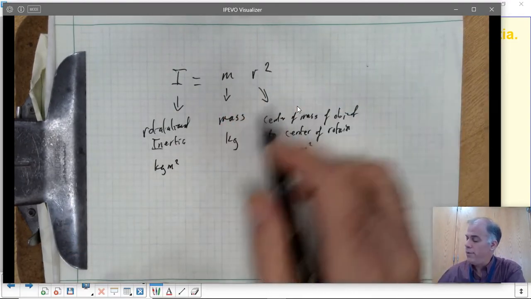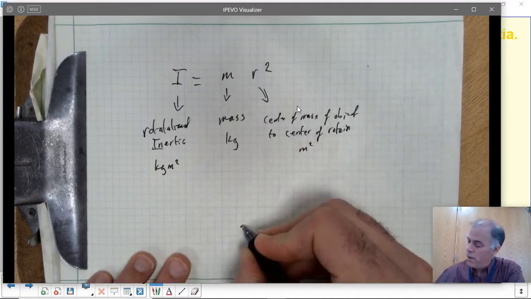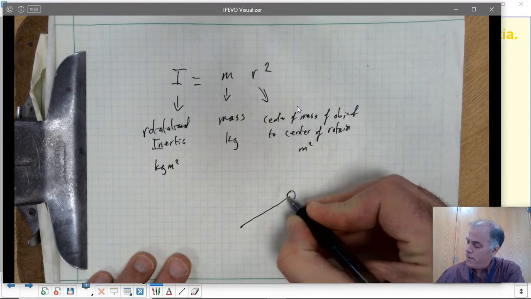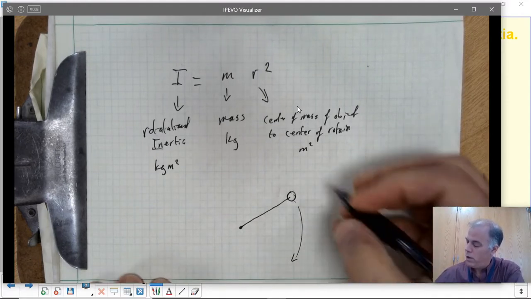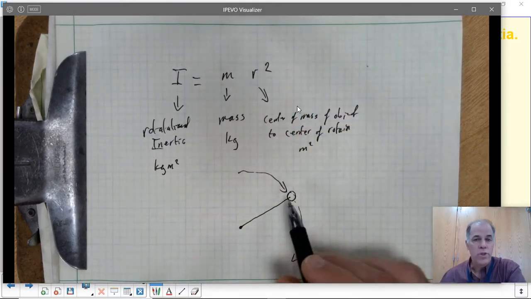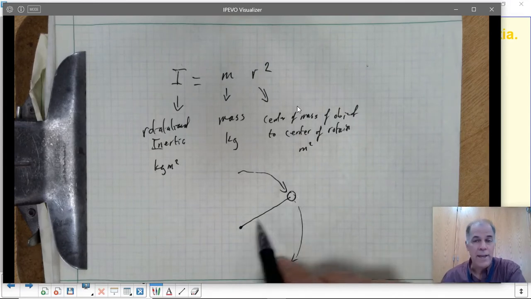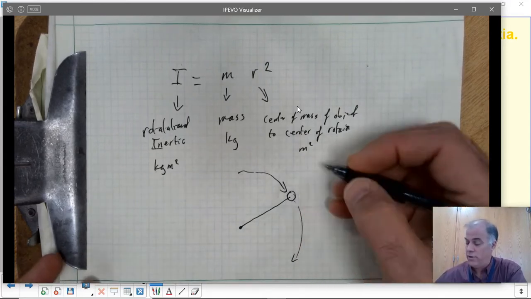Okay, now what do we mean about this center of mass? Suppose that we have a ball on a string, okay? And we are going to spin this ball around in a circle. So we're going to assume, just to simplify it, that the string has no mass, and all of the mass is in the ball itself.